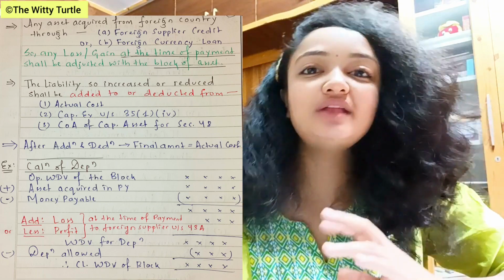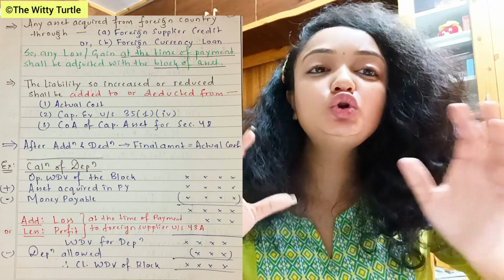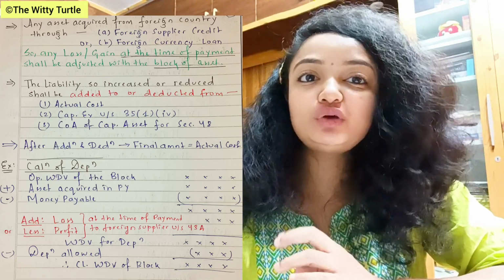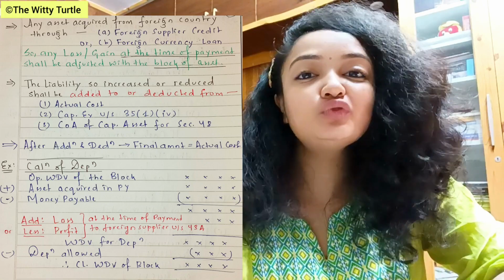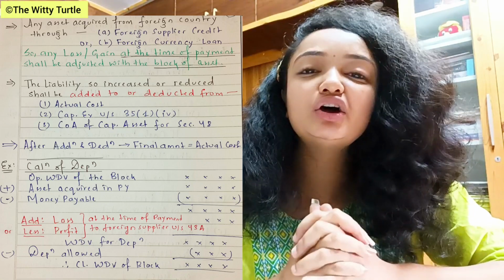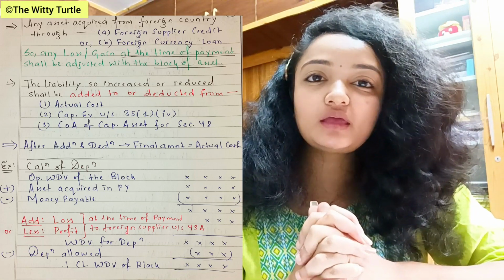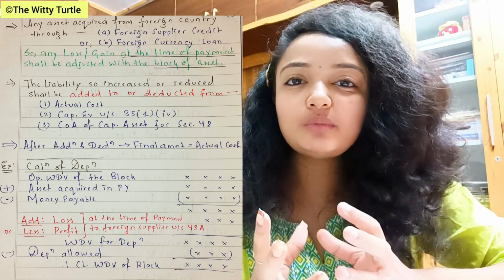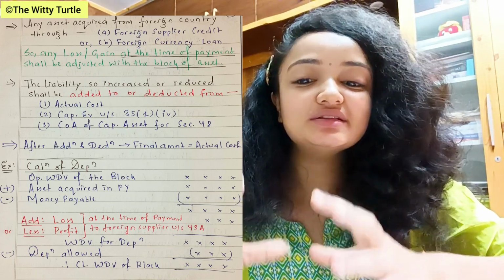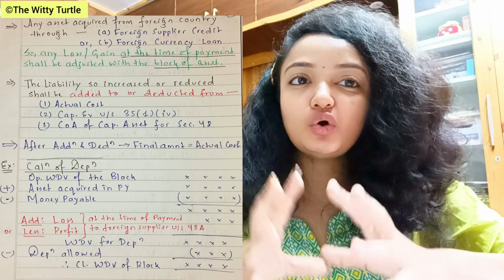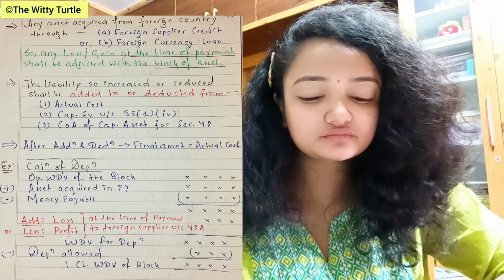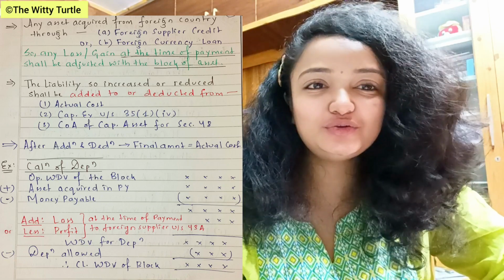It shall be either deducted or it shall be added to the block of asset depending upon the situation. If you're having loss, then you have to add it. If you're having profit, then you have to deduct it from the block of asset, right? And after doing this addition or deduction, whatever final amount you are getting, that shall be considered as the actual cost of the asset which was acquired from a foreign country, right? I hope this section is clear to you.